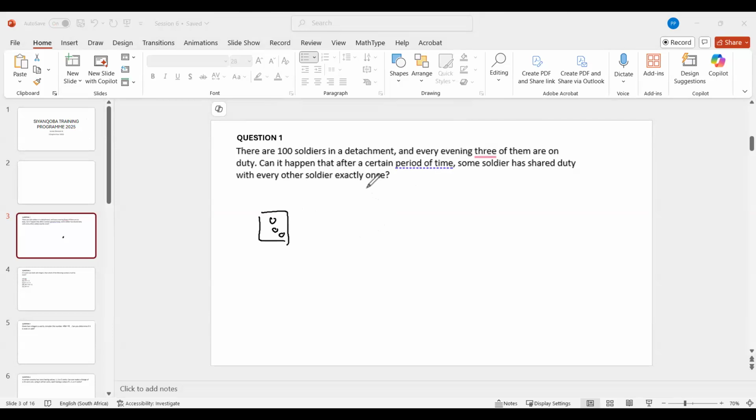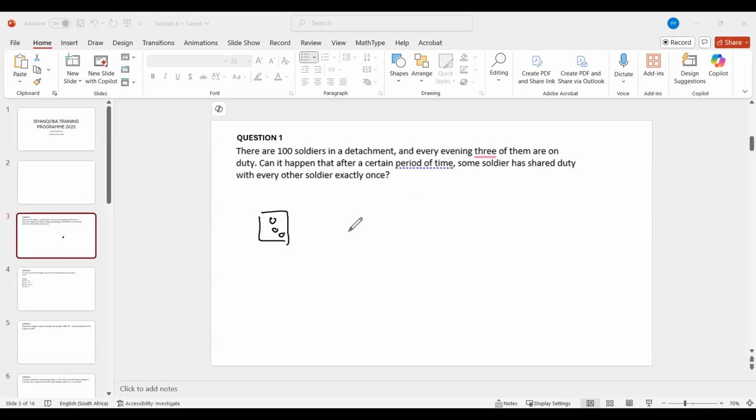Now the question is, can it happen that after a certain period of time, some soldier, of the 100 of them, has shared duty with every other soldier exactly once?